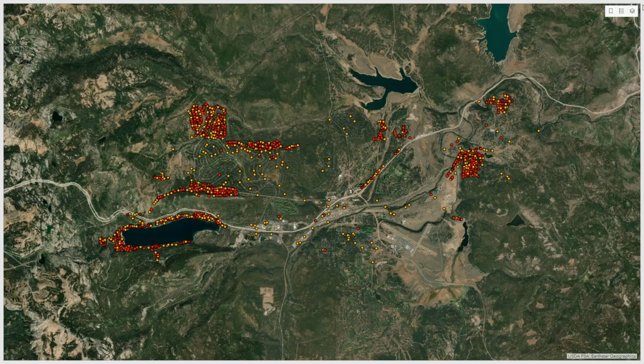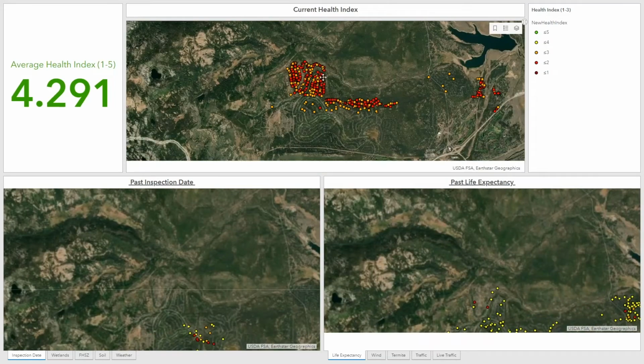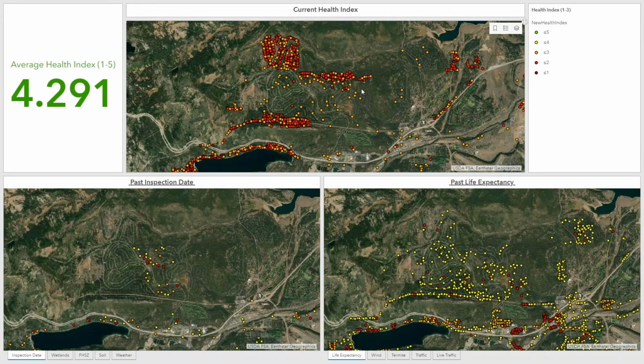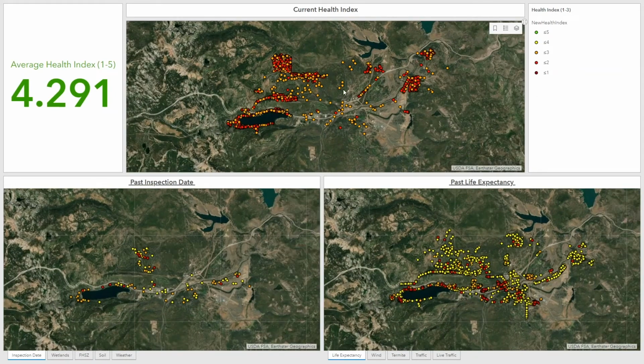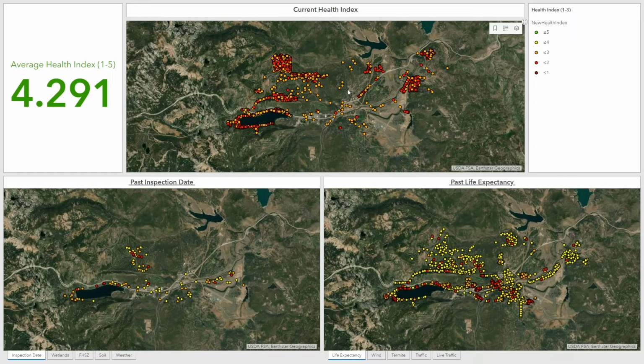Now I can take this map and bring it up top here, and compare it with the 2 other maps we were just working with earlier. So we can start to see if there's a correlation between the health of our poles versus whether a pole has surpassed its maintenance cycle or exceeded its expected lifespan.